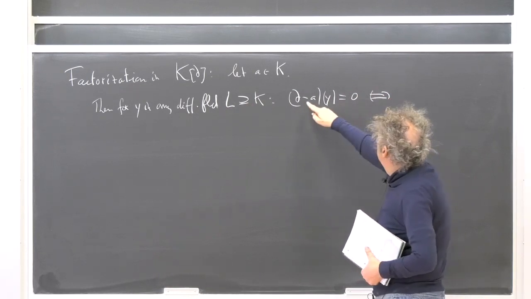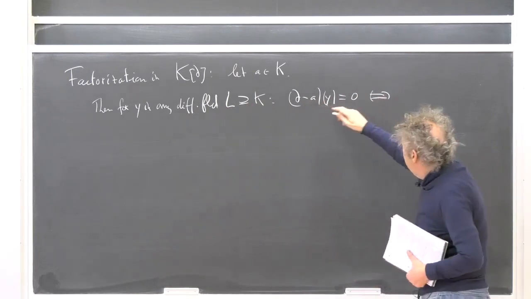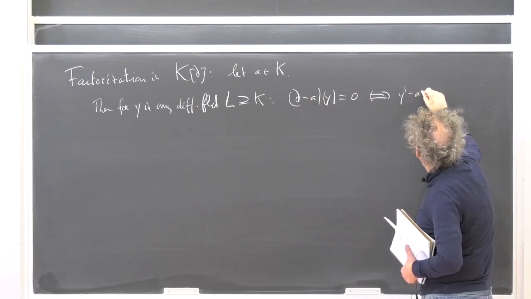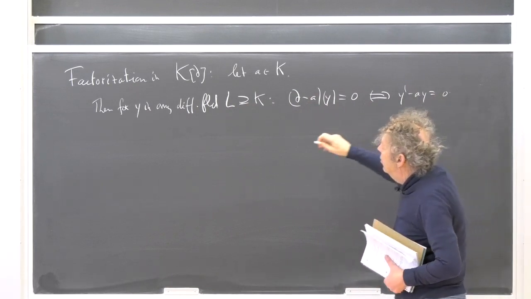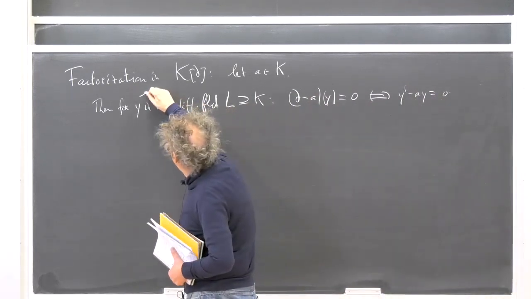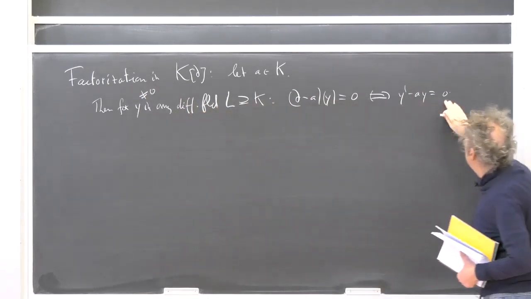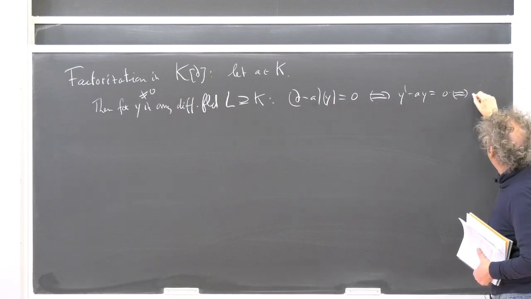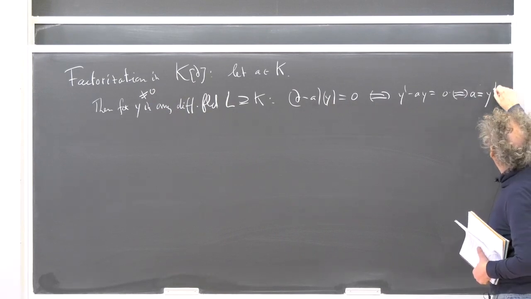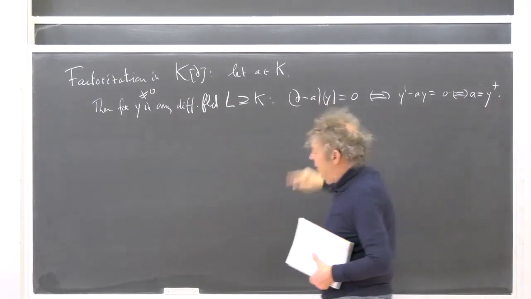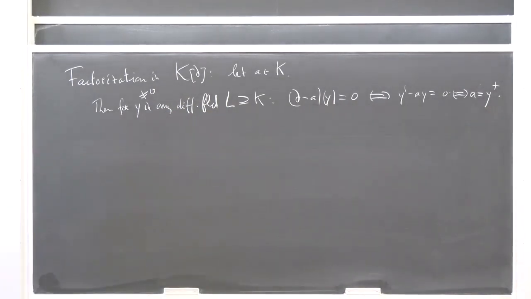Well, it means y prime minus A y is 0. Let me restrict y to be non-zero, otherwise it's not interesting. And that is the same as saying that A equals y dagger. In other words, A is the logarithmic derivative of y.